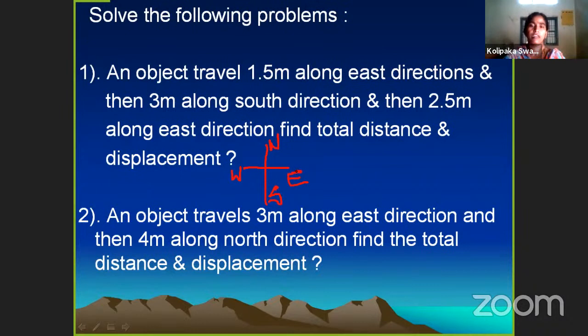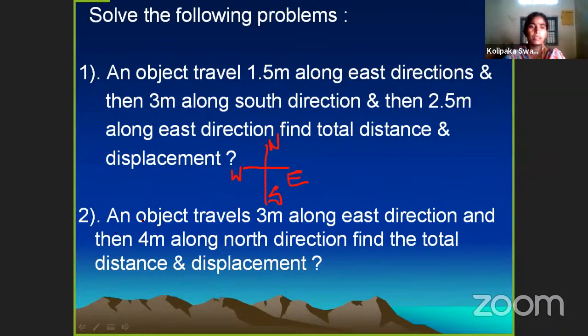Then it goes south, then after it goes east. Find the total distance and displacement. This is the work for you.